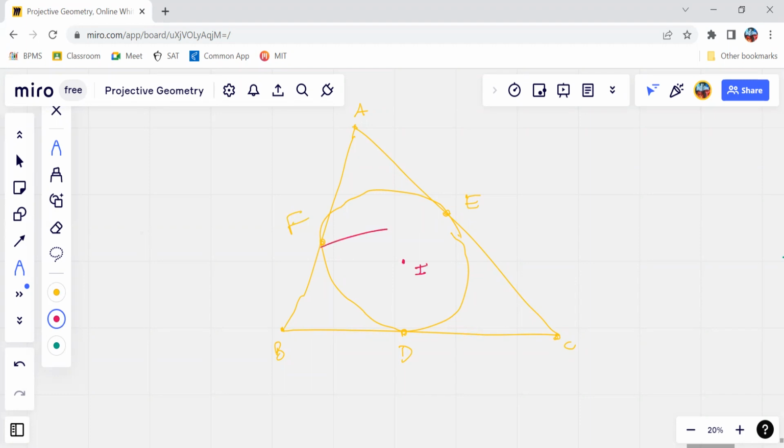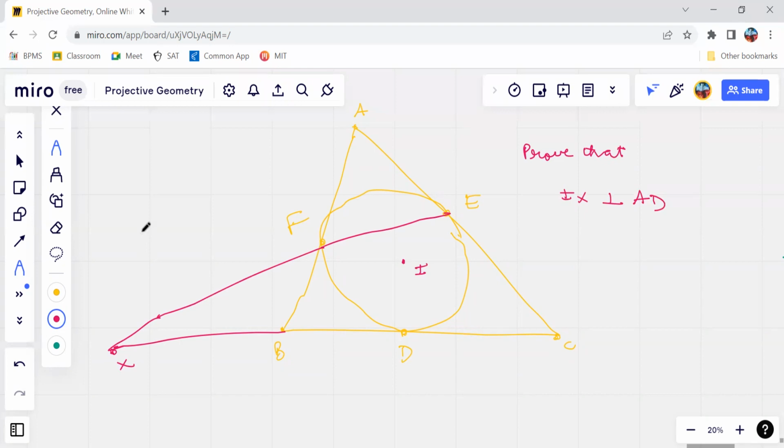So suppose the incenter is I, and we have this point to be some X. Prove that IX is perpendicular to AD.